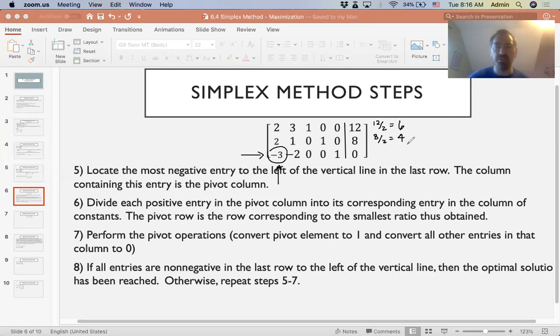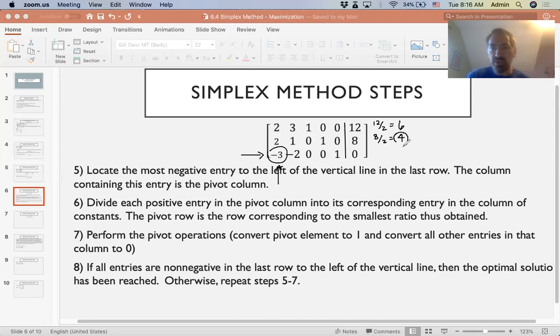I'm only interested in the equality constraints. Okay, so we divide the constant by the number in the pivot column, and the pivot row is the row corresponding to the smallest ratio.